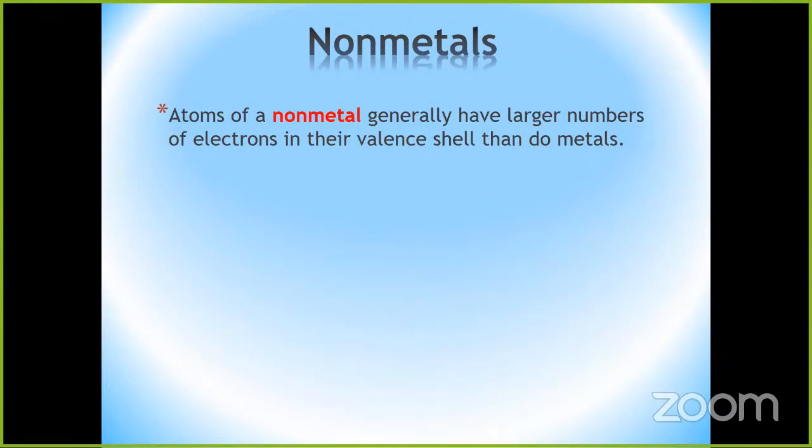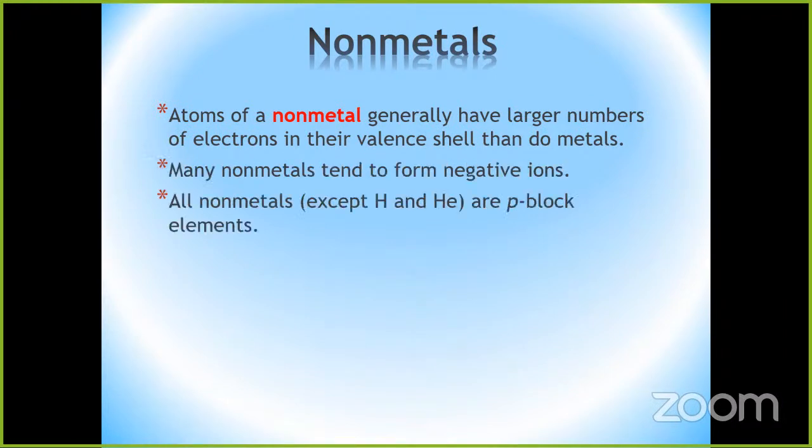Some comments here about nonmetals. They tend to have a larger number of electrons in their valence shells, usually 6 or more: 6, 7, 8. And they tend to form negative ions. All nonmetallic elements are p block elements with the exception of hydrogen and helium.